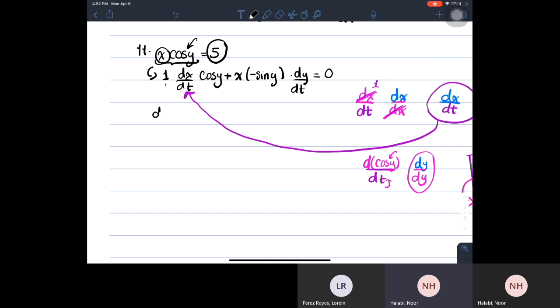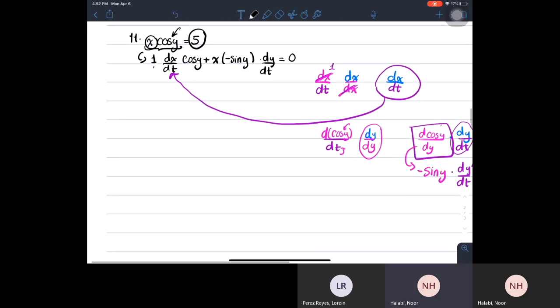So now we know that dx over dt times cosine y minus x sine y times dy over dt is equal to 0.